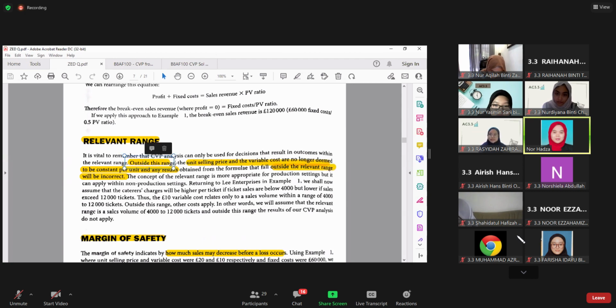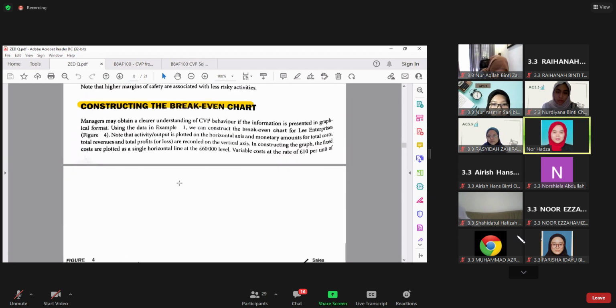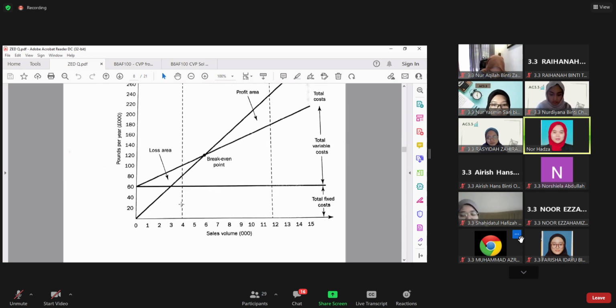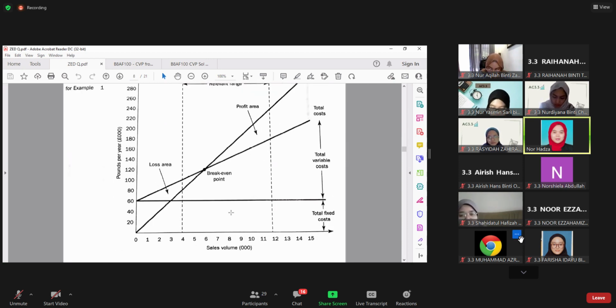Outside this range, the unit selling price and the variable costs are no longer deemed to be constant per unit, and any results obtained from the formula that fall outside the relevant range will be incorrect. So in other words, when you are preparing a chart, there should be information on how much the variable cost will be and how much the total cost will be for this number of units, 4,000, let's say 12,000.